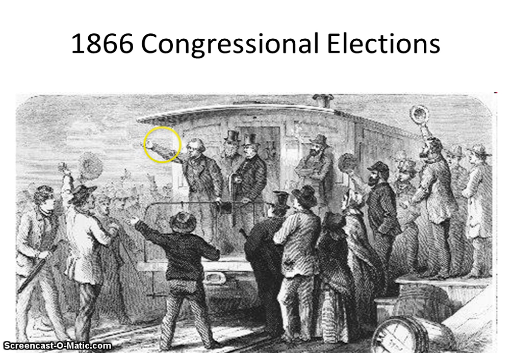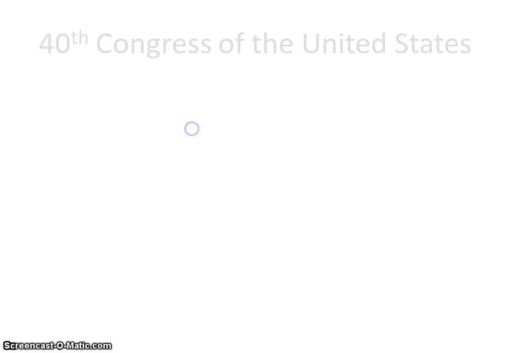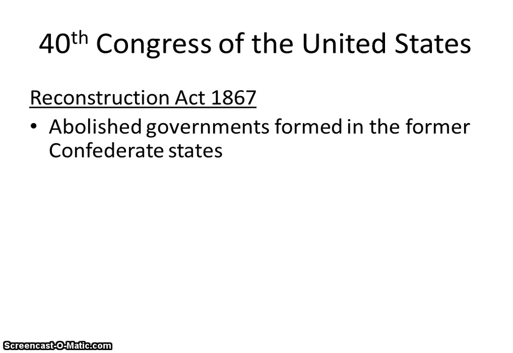So in 1866, they hold congressional elections. Johnson goes out on trains and he attempts to sway the voters and make them think differently about their congressional candidates and who they should vote for. And so once the 40th Congress is elected, they create the Reconstruction Act of 1867. This abolishes the governments that were formed in the Confederate States. So in 1866, the Confederate States had begun to create their new governments.